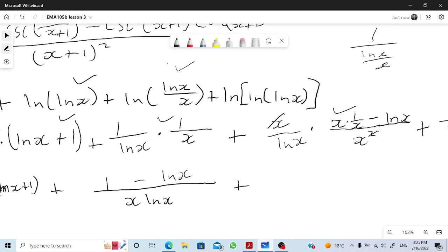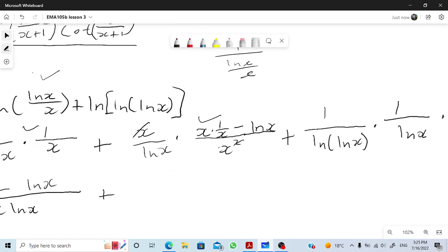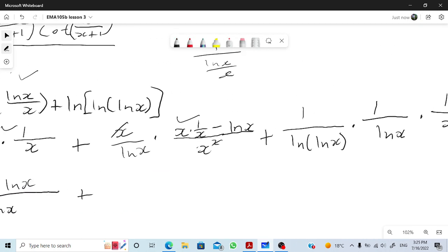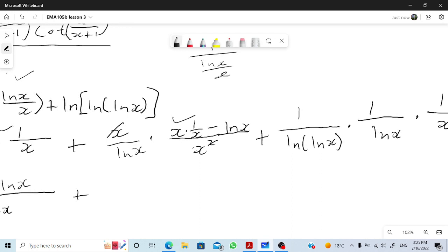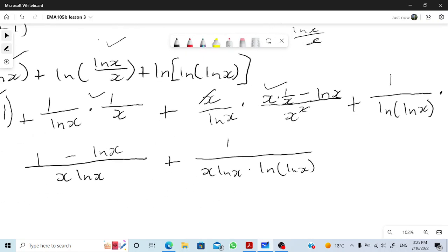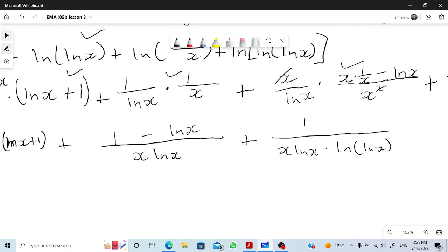Now plus the last part. The last part will be 1 over the multiplication of these two, x ln x, then this ln of ln x. So this is the final solution.